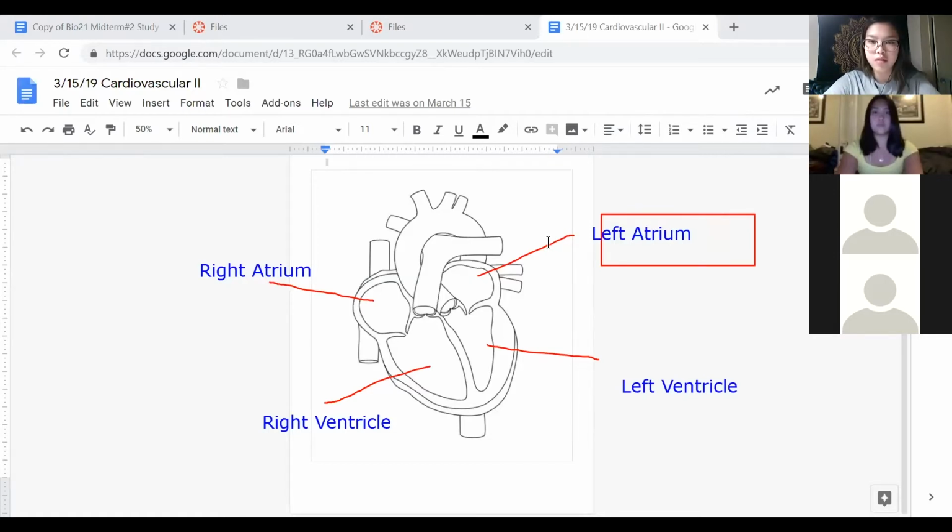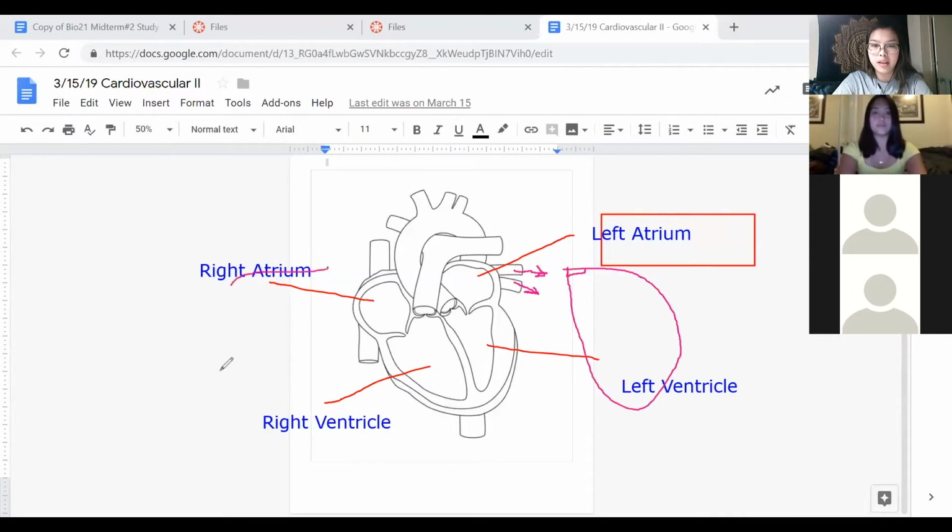Let me do a different color. I think of it as the blood moving away this way, and so this way would be toward the lungs, because your lungs would be right here.